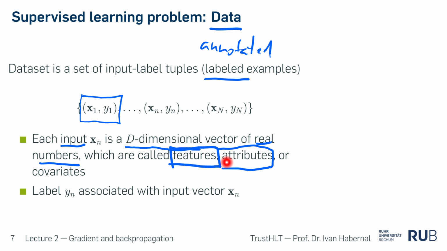We can talk about examples later. And this output, or we call it label, y_n, is something which is associated with the input vector. A simple example of input-output, not from language but from picture recognition, could be that the features are a list of pixels, and each of them has some value.